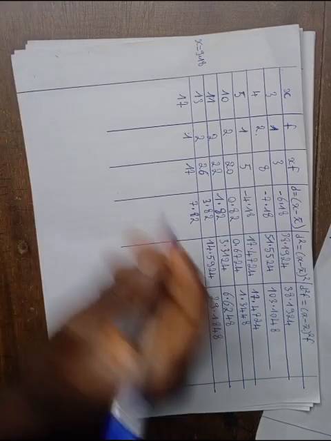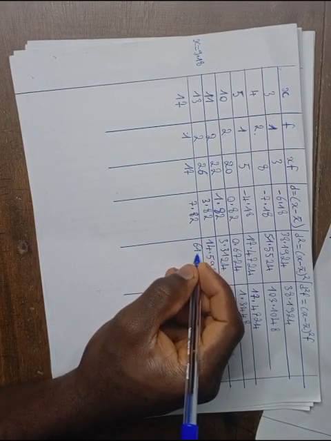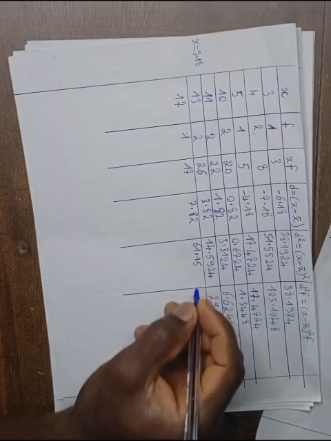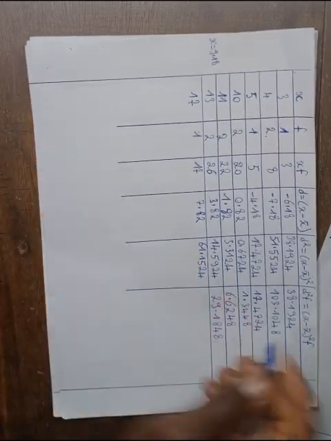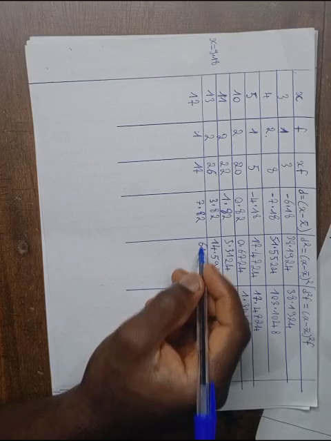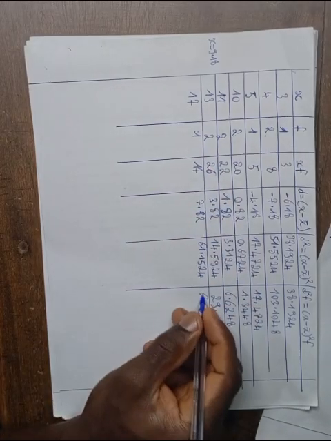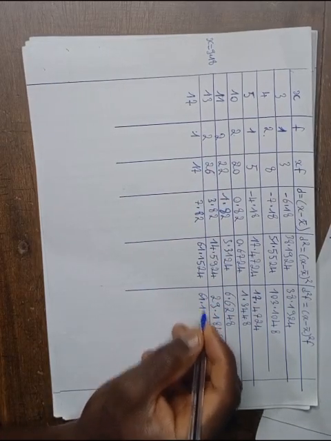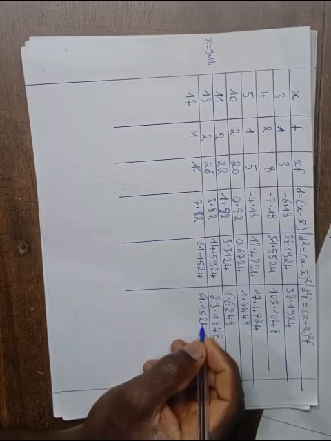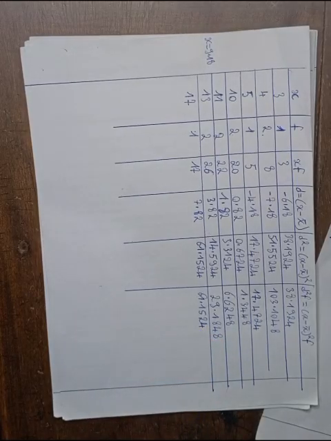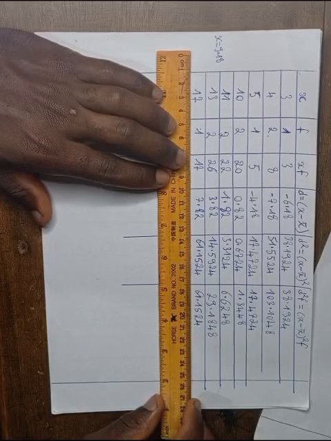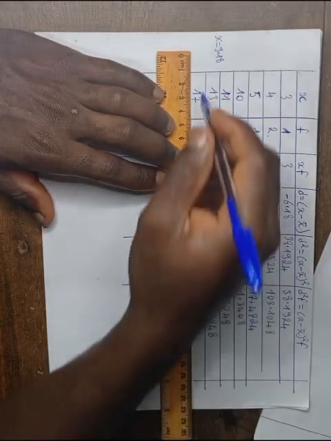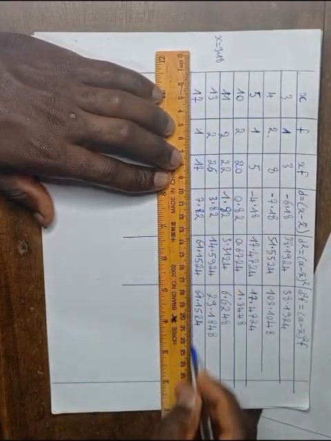7.82 squared will give us 61.1524. Next, we need the deviation squared times the frequency. So if you multiply this number by 1, it remains the same. We are going to draw two horizontal lines as such.